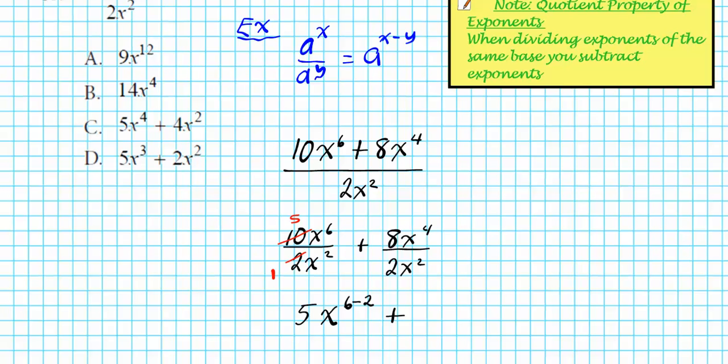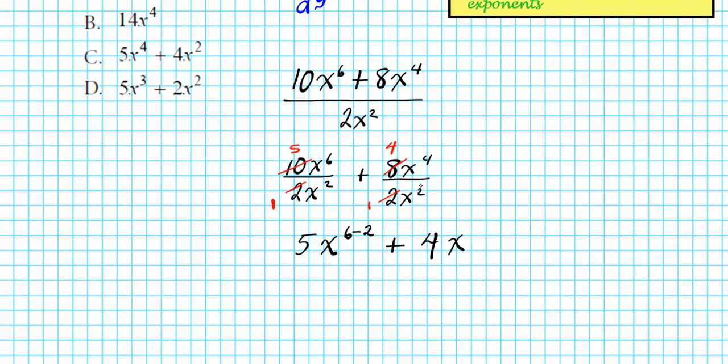8 over 2: 2 goes into 8 four times. So the result of dividing the coefficients is 4. Now we apply the quotient property of exponents to the variable terms again. These are powers, not exponents.